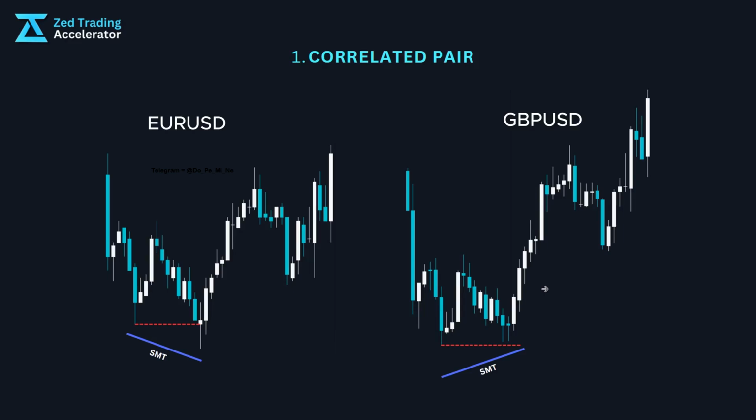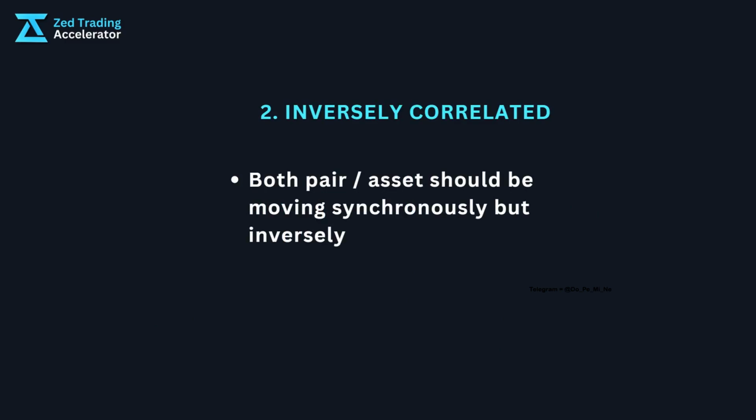So remember, correlated pairs are pairs or assets that are moving in almost identical movement. Next one is the inversely correlated pairs. This is just the same as correlated pairs, but in this case, the markets are inverse with each other. Both pairs or assets should be moving synchronously but inversely.